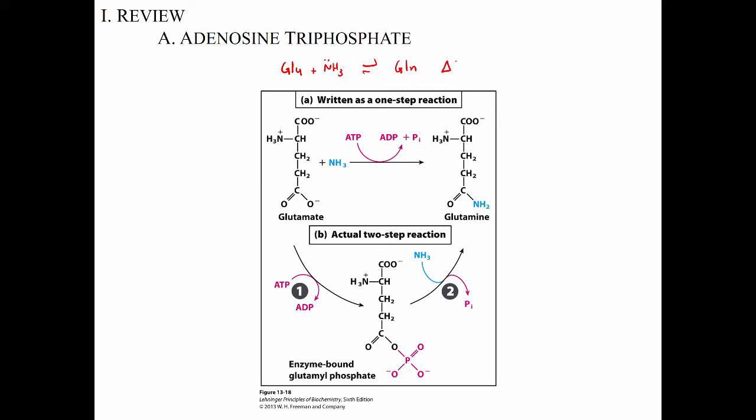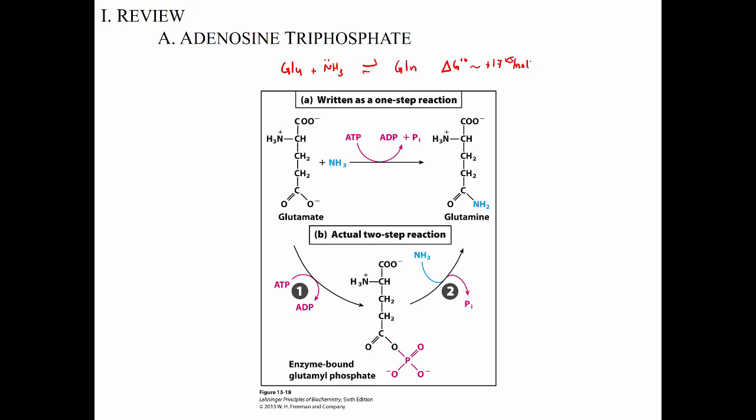And the delta G for this reaction is somewhere around positive 17 kilojoules per mole. So it doesn't happen, or I shouldn't say it won't happen, but it favors glutamate and the free form of ammonium. It's unfavorable.